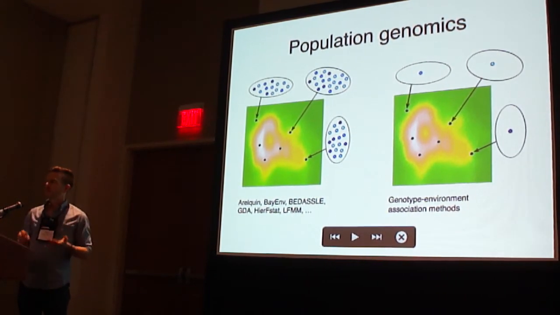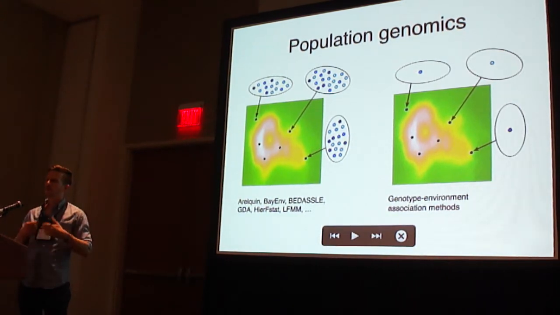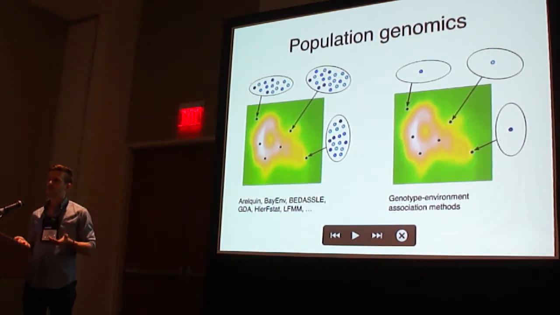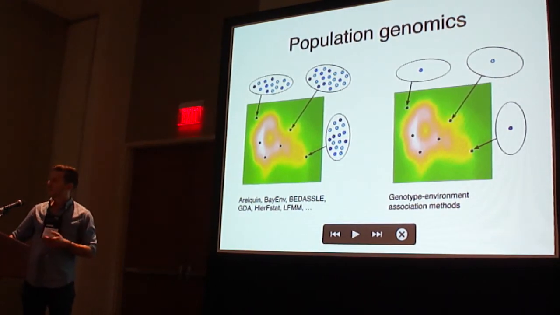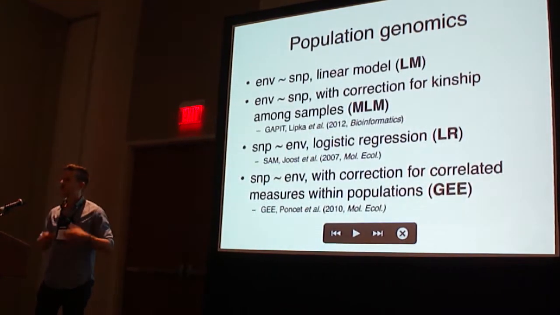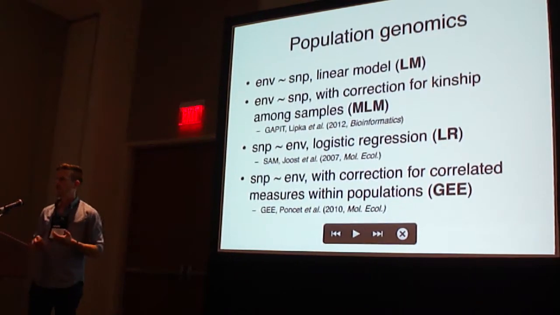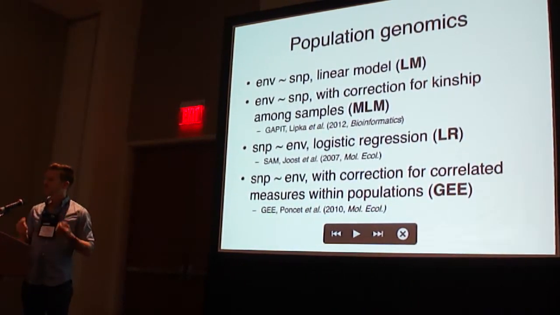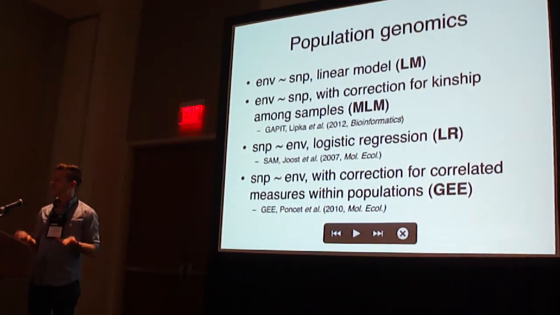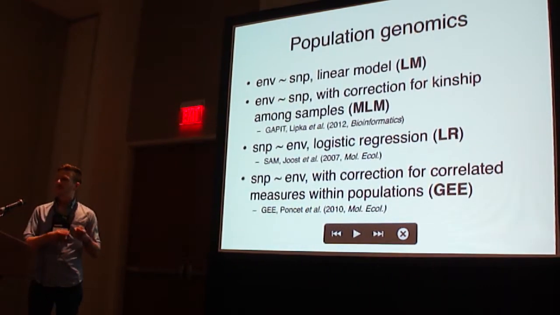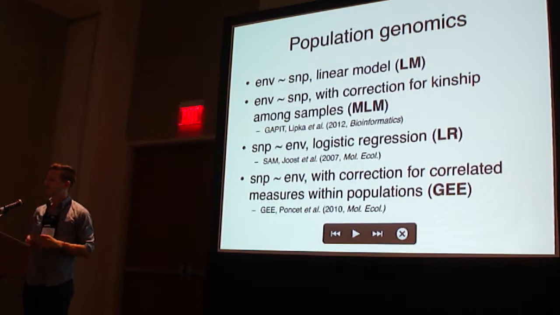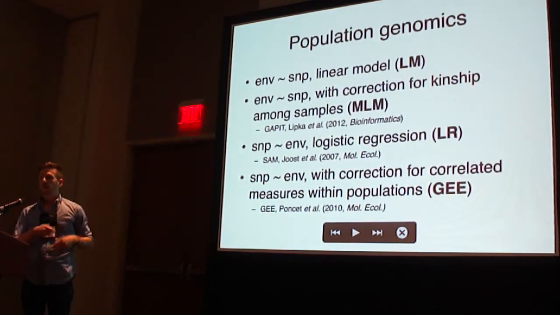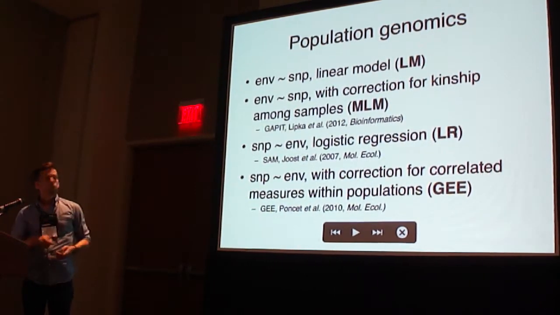And the methods that we use to search for environmental associations in this kind of data are basically genotype environment association methods. There are four broad categories of ways you can go about this. You can use methods that fit the environment as a function of genotype at your single nucleotide polymorphism, say. These could use a simple linear model.